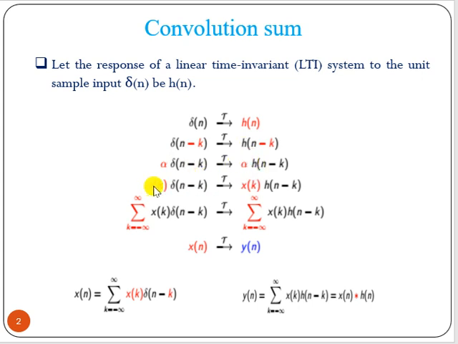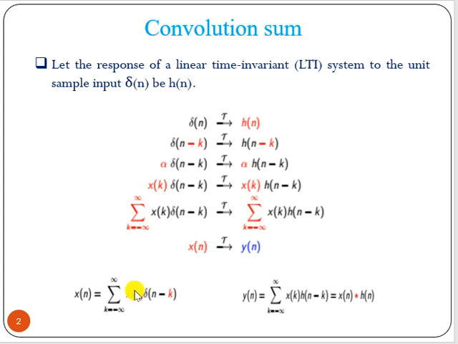So we can multiply delta of n minus k by x of k, and then the output is multiplied by x of k with h of n minus k. According to superposition, if we sum over k from minus infinity to plus infinity, the output is the same sum over k from minus infinity to plus infinity.